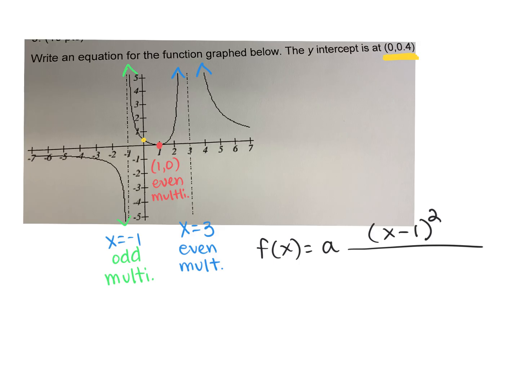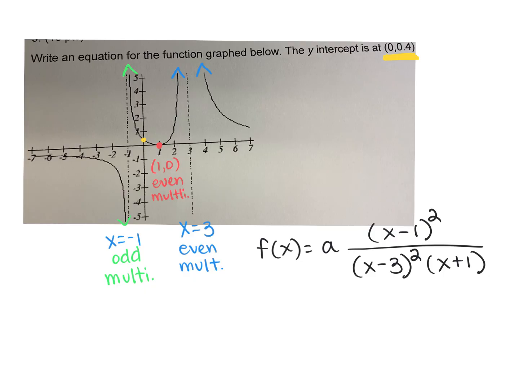We have one at x equals 3, so that's going to be x minus 3, and I know that it has to be also even multiplicity, so I'm going to make that into a 2, knowing that it could be a 4 or a 6 or higher if it needs to be. Next, I have my x is equal to negative 1, so x plus 1 is this factor, and it's an odd multiplicity, so I'm going to leave that at a 1 and see what happens.